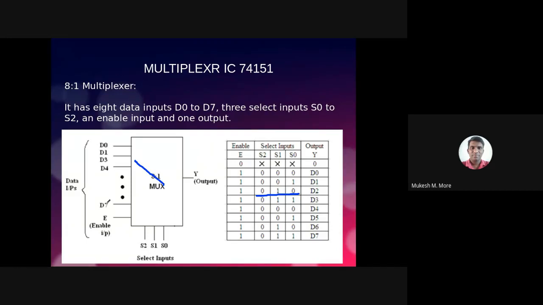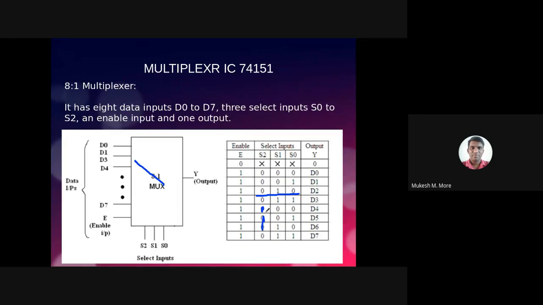There is a small mistake in this table. I have to write here 0, 1, 0, then 0, 1, 1, then 1, 0, 0, then 1, 0, 1, then 1, 1, 0.